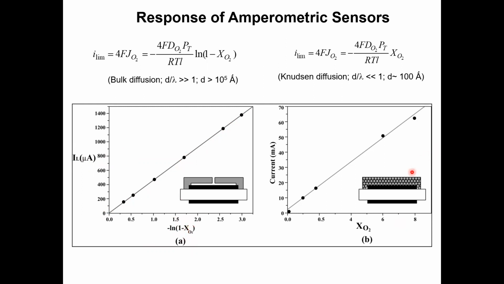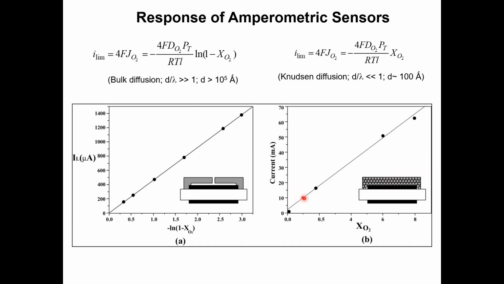Or you can separate this platinum side by putting a membrane made of nanoparticles, for example. If you use monodispersed, mono-sized nanoparticles and make a coating, you will have well-defined pores through which oxygen will be pumped in.